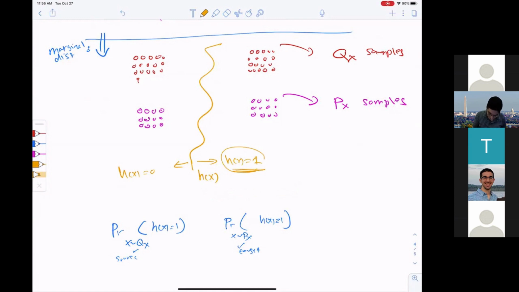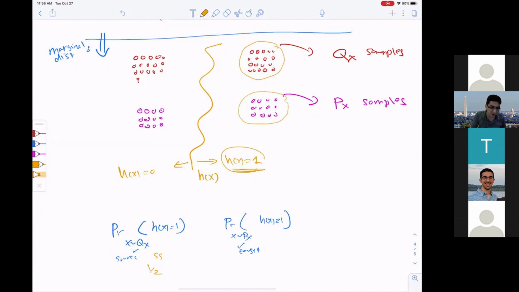So roughly speaking, this is half, because half of my samples in the source are on the right side of this hypothesis. h(x) is 1 for them. Okay, so what about this quantity for the target samples? What is the probability of h(x) to be 1 if x comes from my target distribution?